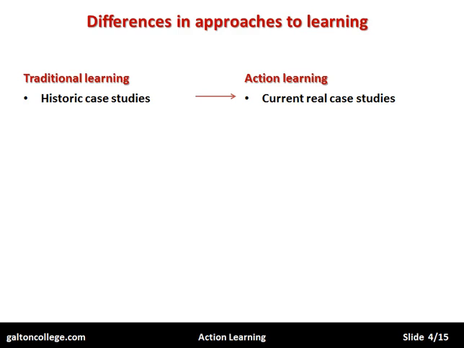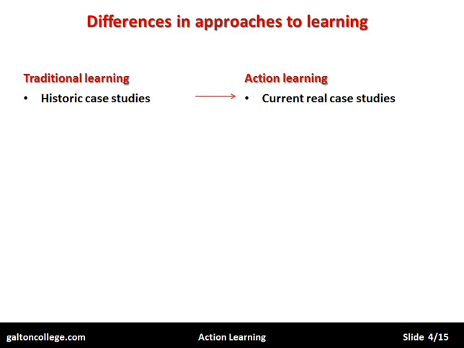Whereas with action learning, we are involved. We are dealing with the situation. It's a current, real situation, and we're dealing with it to try and find a solution. So we are learning by doing, but we're learning by being involved now. There is nothing handed down to us to give us instructions about this.